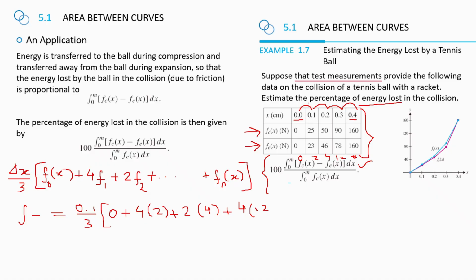And the last value is 0, so you will enter 0. When you enter these values in the calculator, you get 32 over 15, which is nothing but 2.133.